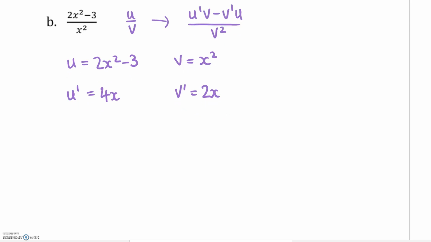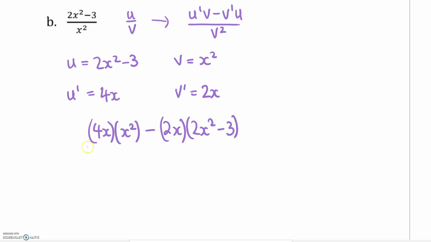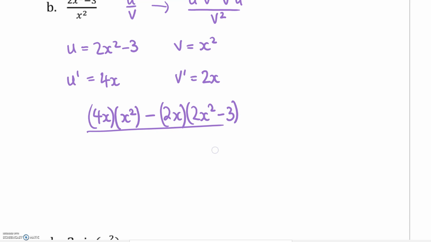So now I'm just following my rule from up above. So I'm just going to go u dash times by v, which is 4x times by x squared, take v dash times by u. So I've got 2x squared, take 3, all over v squared. So I'll get x squared squared.